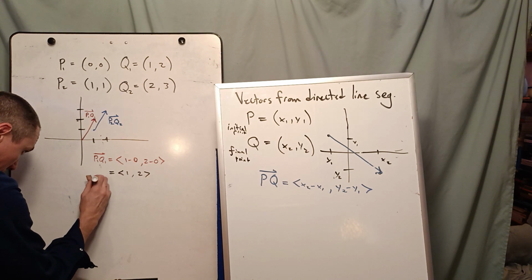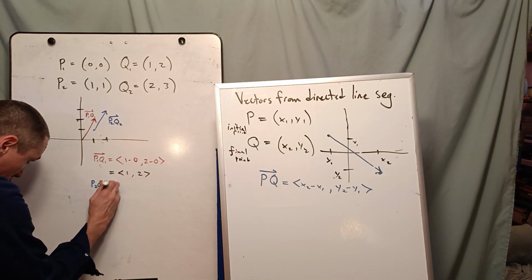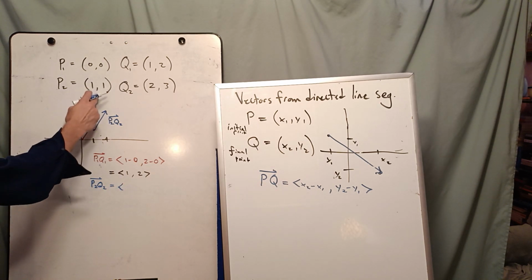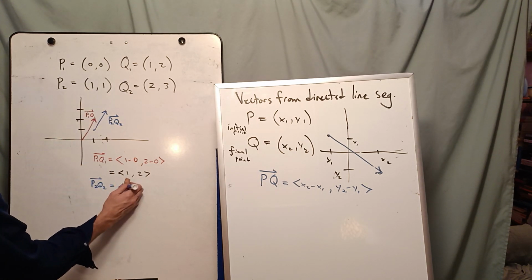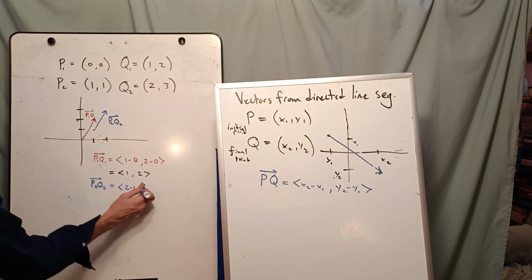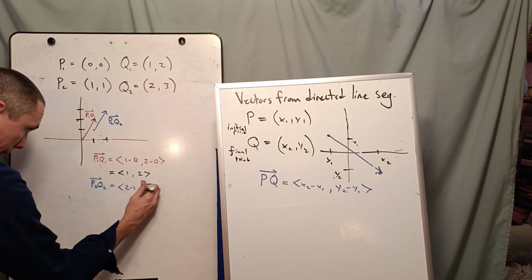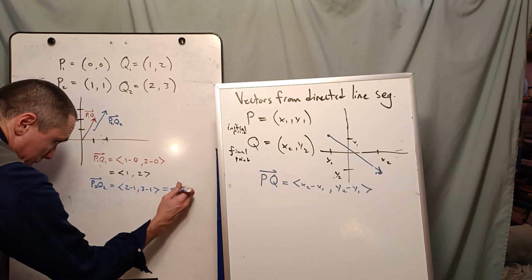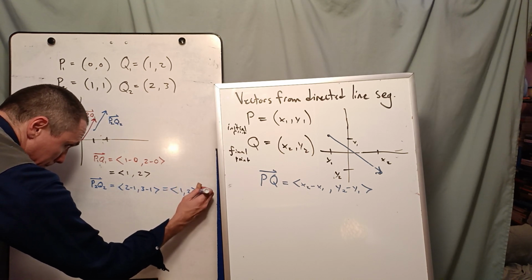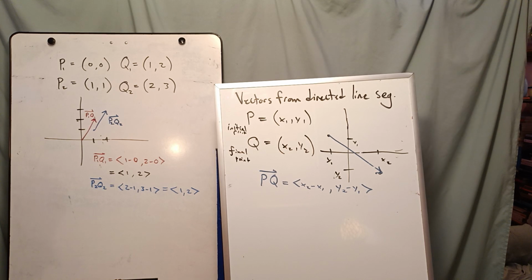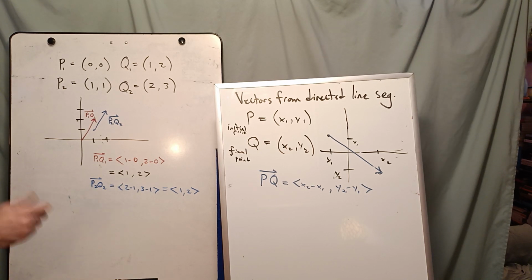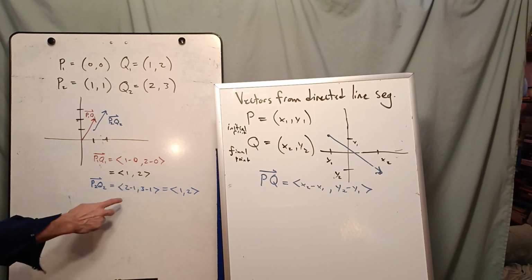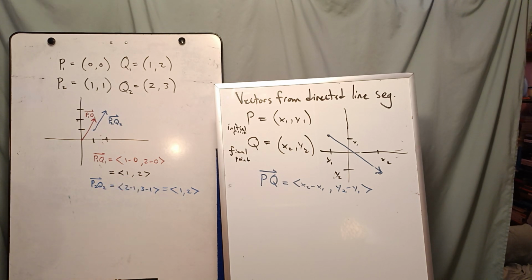However, P2, Q2 also has the form 2 minus 1, 3 minus 1, which is also equal to 1, 2. And so if they are parallel and of equal magnitude, they're going to wind up having the same component form when we write their differences as vectors.